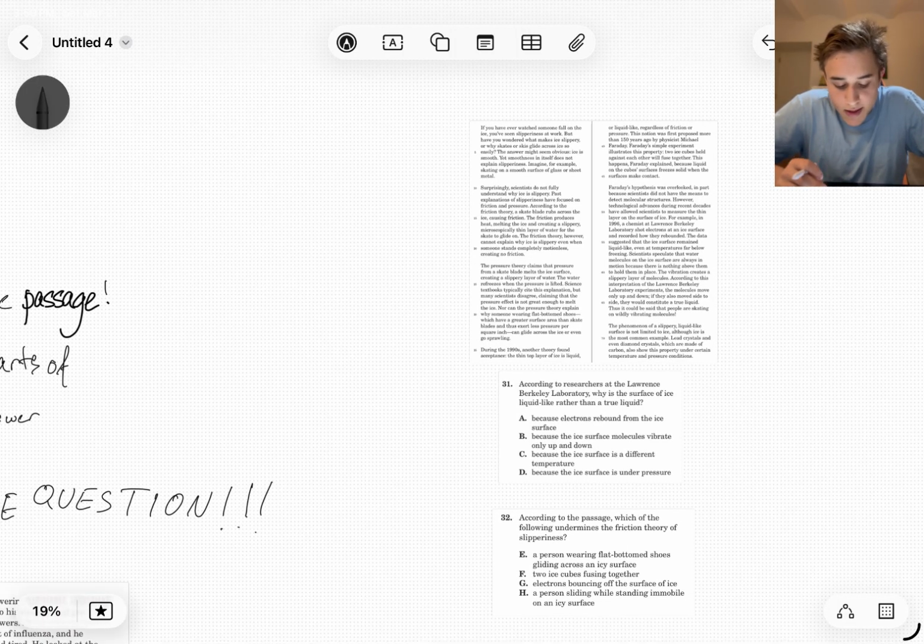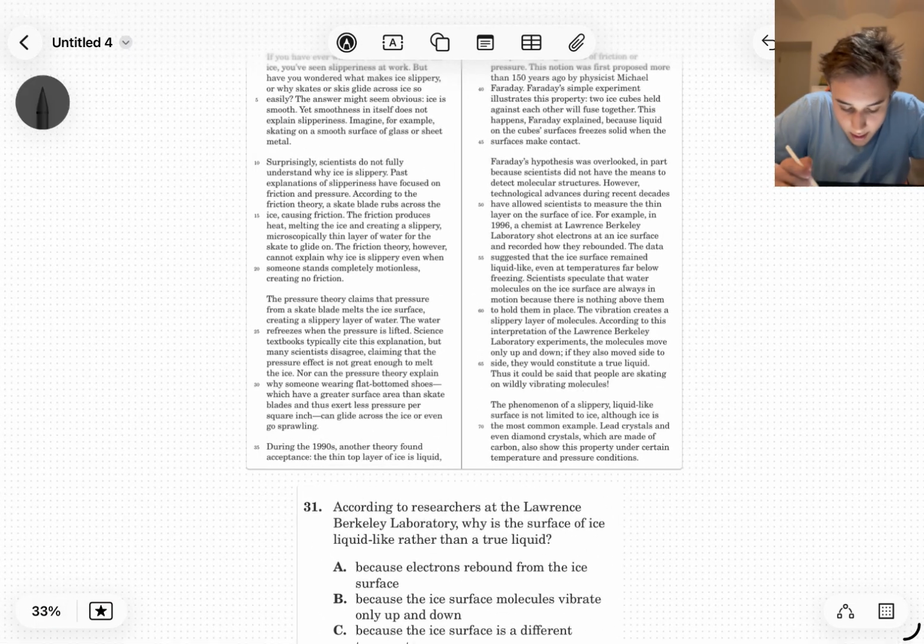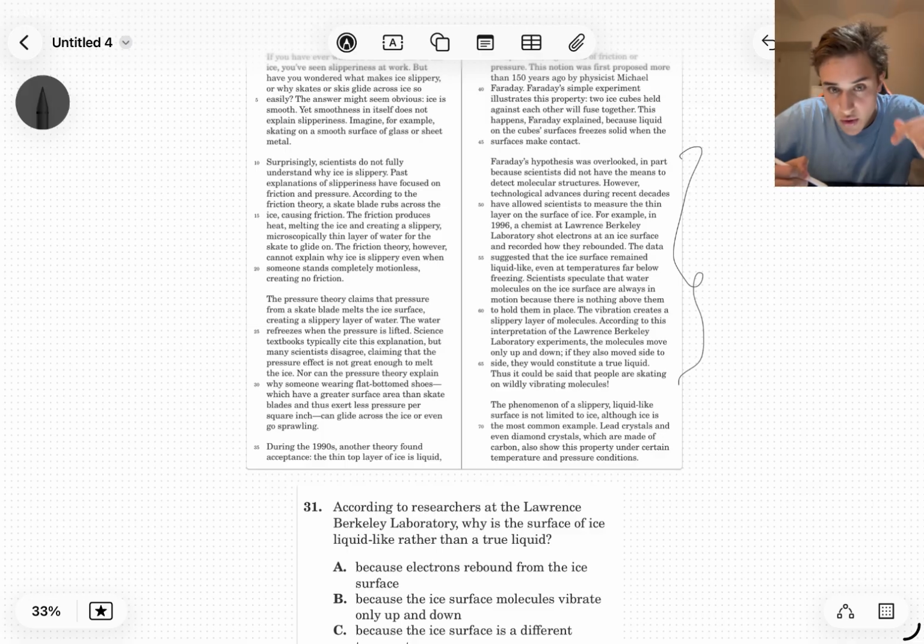According to researchers at the Lawrence Berkeley Laboratory, why is the surface of ice liquid-like rather than a true liquid? Now we want to go back to the passage, but we only want to look for the part that talks about the Lawrence Berkeley Laboratory. The laboratory is mentioned in this paragraph, so probably our answer is going to show up here. For example, in 1996, a chemist at the Lawrence Berkeley Laboratory shot electrons and recorded how they rebounded.